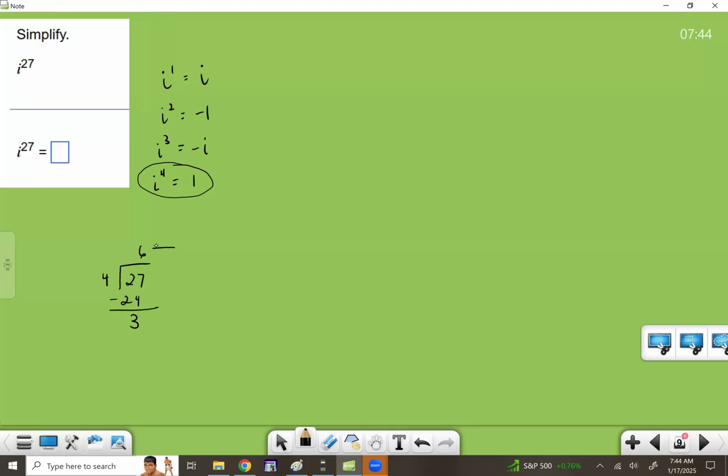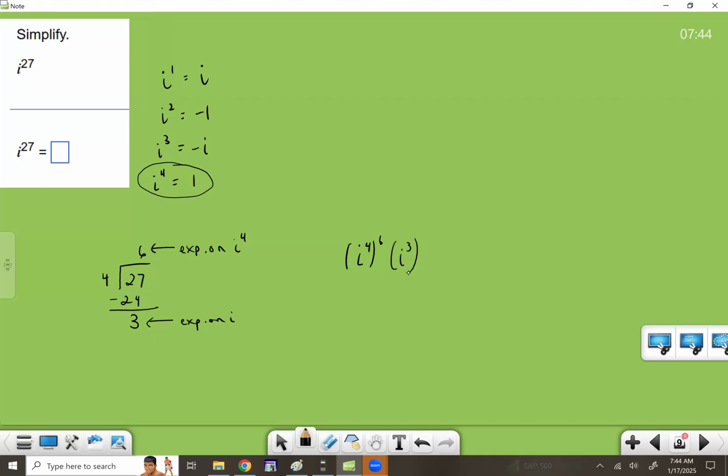Now remember, this 6 is going to be your exponent on i to the fourth, and this remainder is going to be your exponent on i. It'll make sense in a second. What I'm claiming is it's going to be i to the fourth with a 6 times i to the third. I might just use parentheses to make that a little bit cleaner looking.